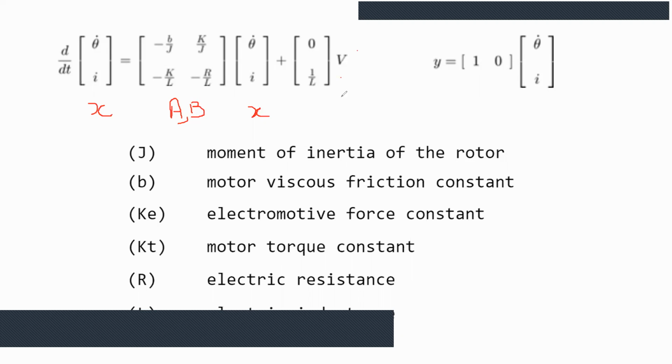Similarly, we have the voltage in terms of U, which is the input. And we have C here. And D is 0 in the equation. So this equation I just picked from that website, and this is the equation which is written, and it represents these parameters.